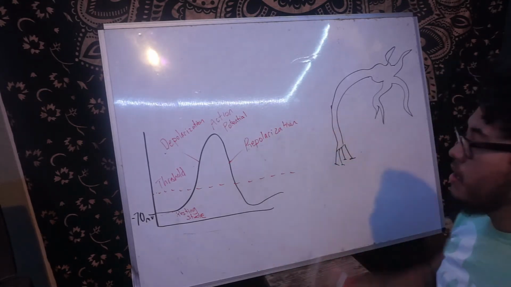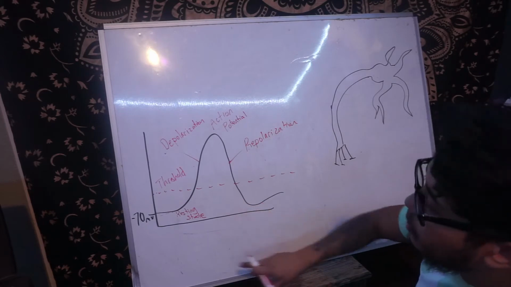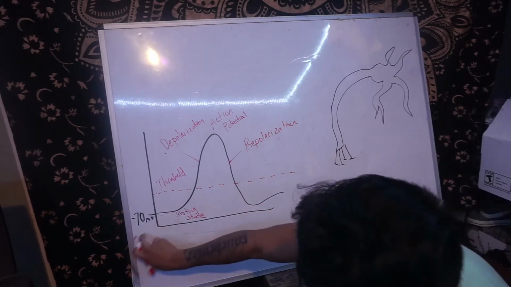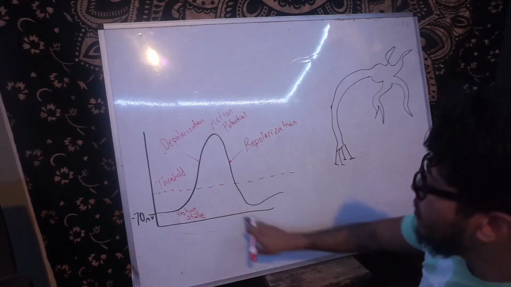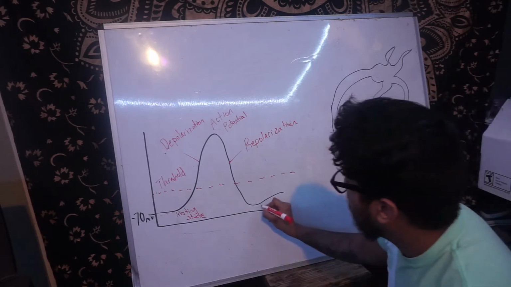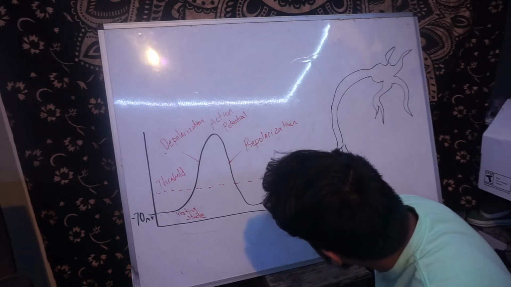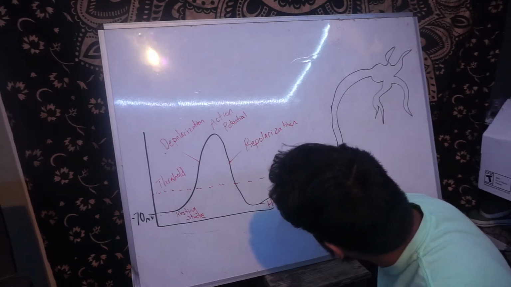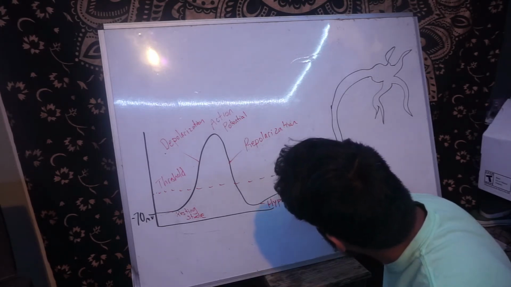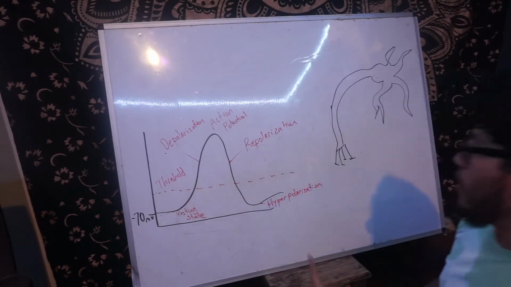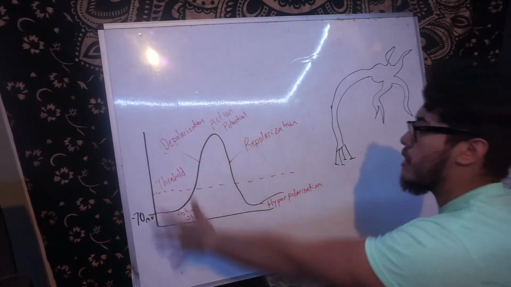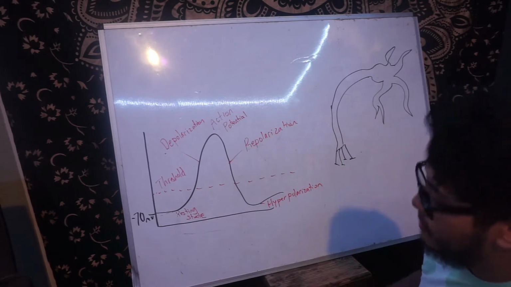It's a long word. And when it dips down, resting state is always going to be -70 no matter what. But when we go below that, what is that called? Well, hyperpolarization, right? So, these all kind of should be familiar to us, right?